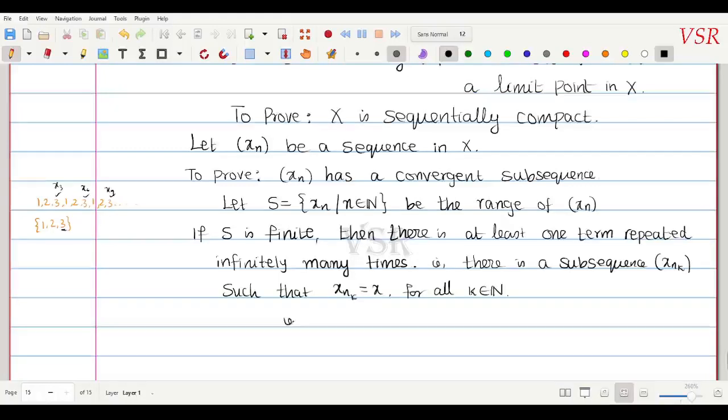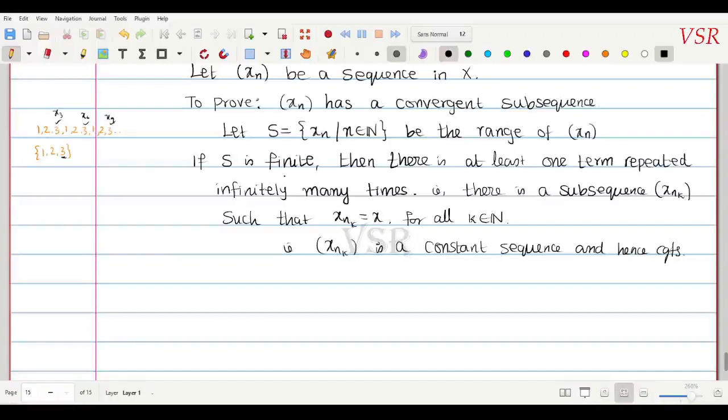That is, xnk is a constant sequence and hence converges. Okay, the problem is finished when S is finite. If S is finite, then there is at least one term repeated infinitely many times, that is a constant subsequence. Therefore, it is convergent.